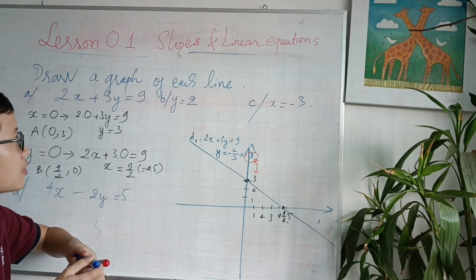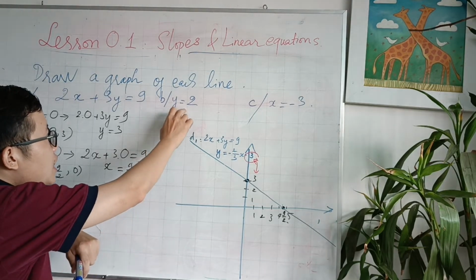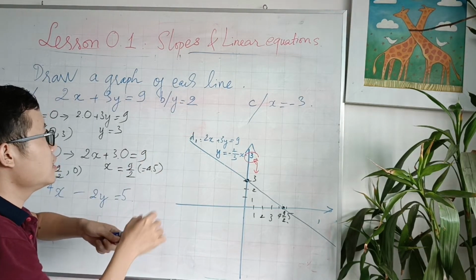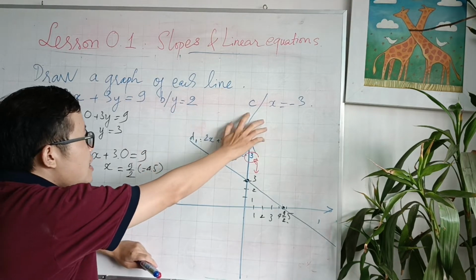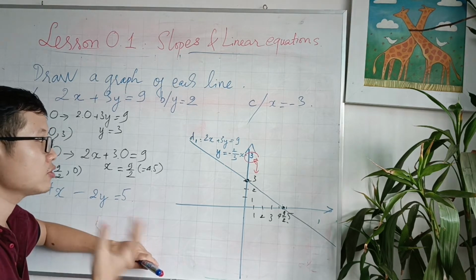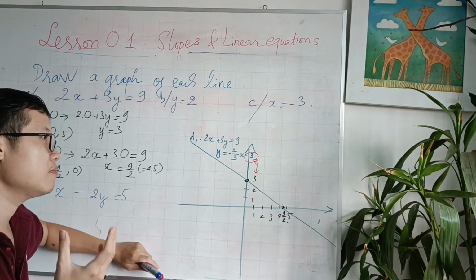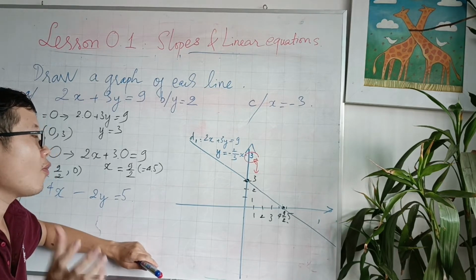Okay, we go to the next question. Question B: y equals 2. Question B and question C are two special lines, parallel to the x-axis, or maybe we can say perpendicular to the y-axis.